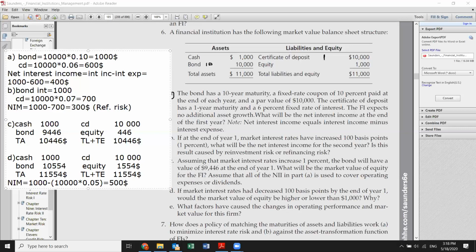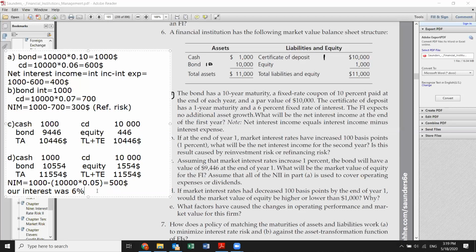Is there anyone who doesn't understand where I get this 5%? Our interest was 6%. We're not asked to calculate here, guys. You're asked to just answer verbally.